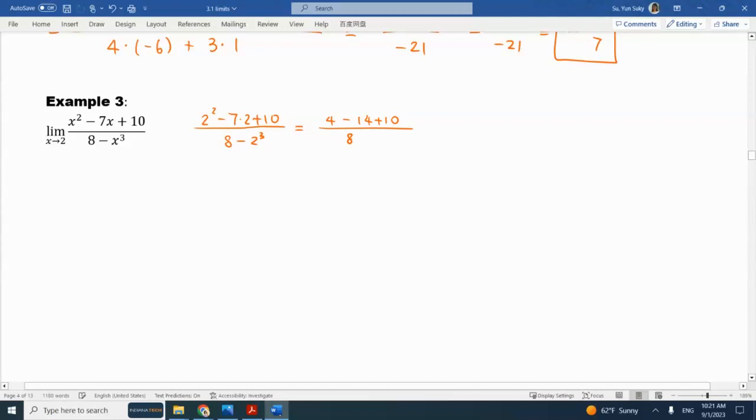What's 2 cubed? 8. Do you see we get 0 over 0? That's not good. It means we have a bad guy, right, everybody? And do you realize the numerator and denominator are polynomials? So we can factor. How do you factor the numerator?